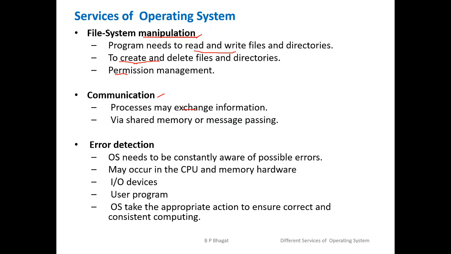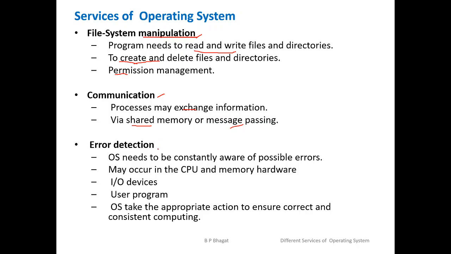Communication may be implemented via shared memory or message passing, in which packets of information are moved between the processes, and these are done with the help of the operating system.